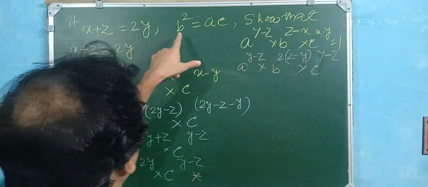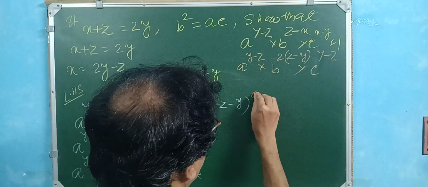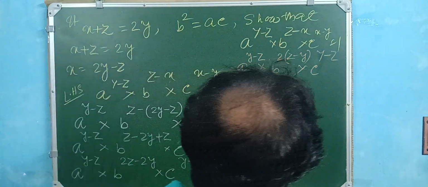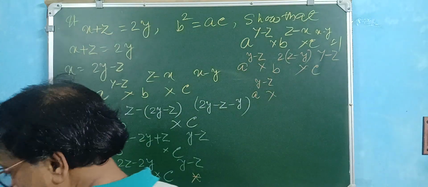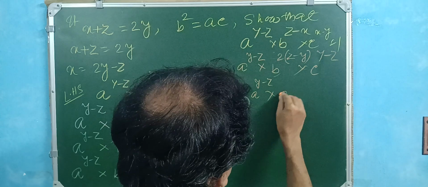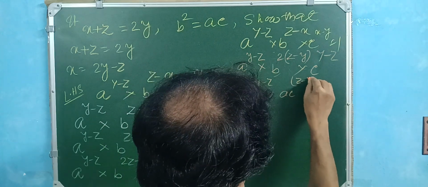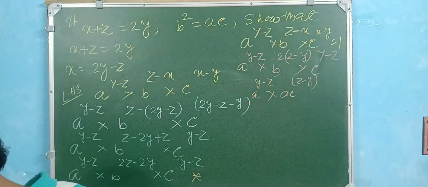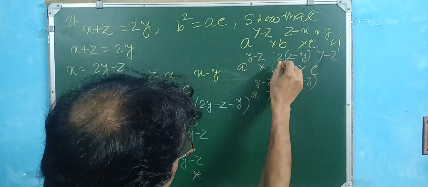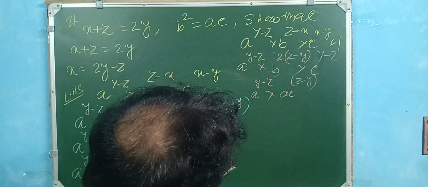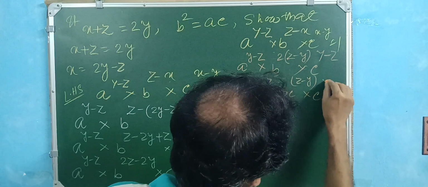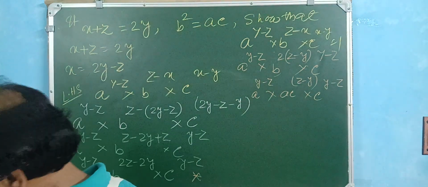Now you use this: a to the power y minus z, and now in place of b square you write AC to the power z minus y. In place of b square you write this. Okay, AC to the power this, and into this is c to the power y minus z.